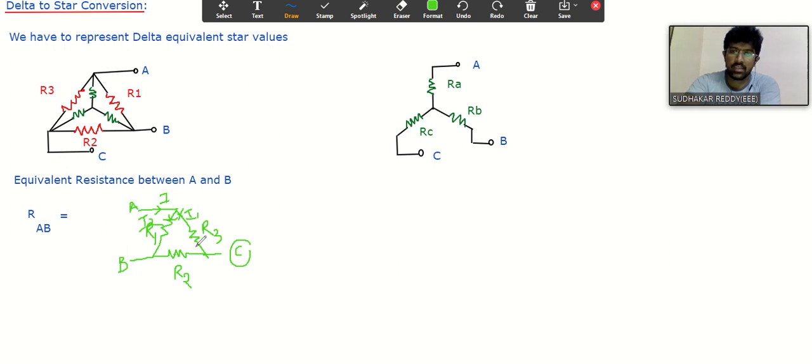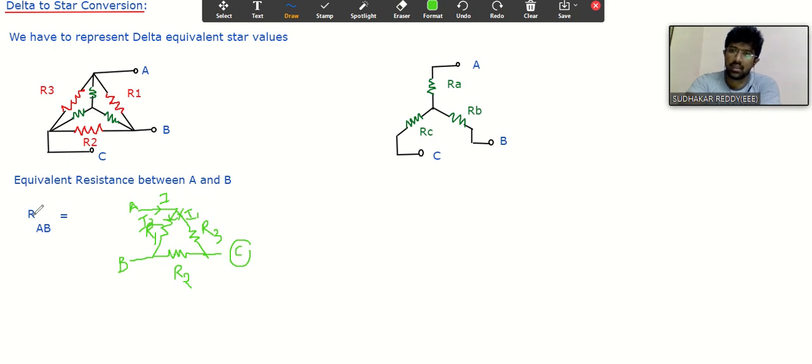So once again I'm repeating. If you want to find out the equivalent resistance between A and B, the C point we are not connecting, simply it will act like open. So R3 and R2 are in series because we are not connecting anything to C, and this combination is in parallel to R1.